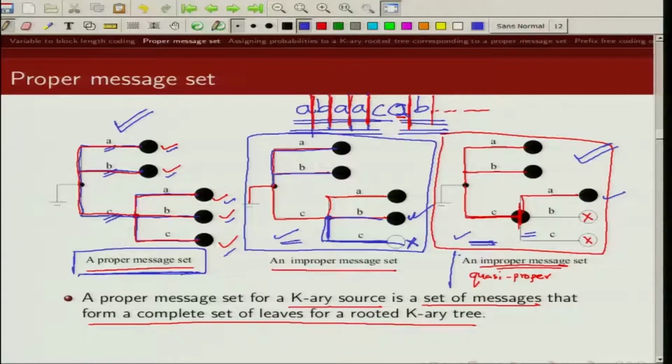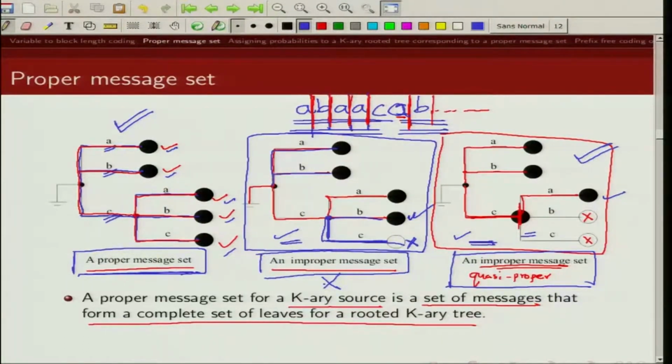If I use a quasi proper message set, I can parse all input sequences, but I may not be able to do it instantaneously. I may have to look at some bits in the future and then decide my message boundary. Whereas if you are using an improper message set, then you cannot parse all possible input sequences. So we cannot use this improper message set for source parsing.